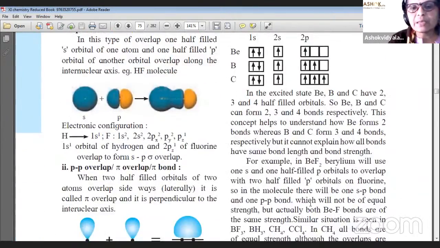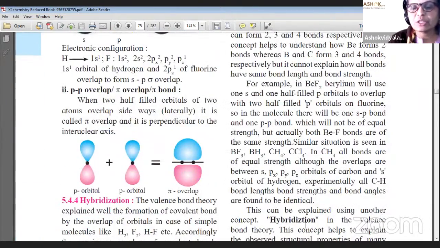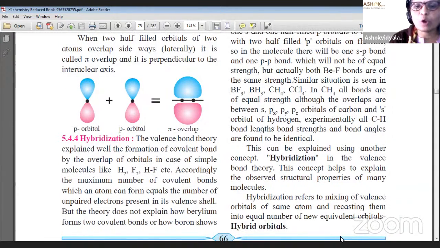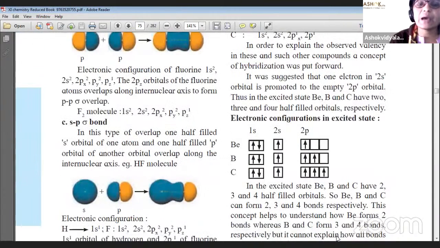So now we'll see the definition of hybridization. Hybridization is nothing but the mixing of the valence orbitals of the same atom and recasting them into an equal number of new equivalent orbitals. That is called the hybrid orbitals. See, this is the mixing of two atomic orbitals and recasting.